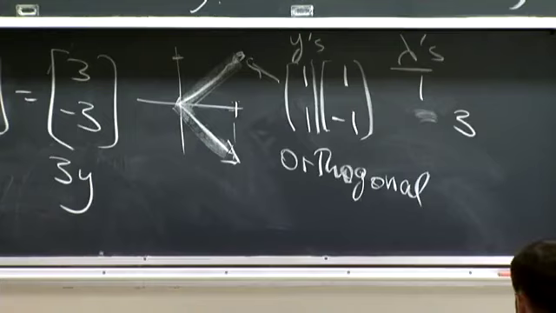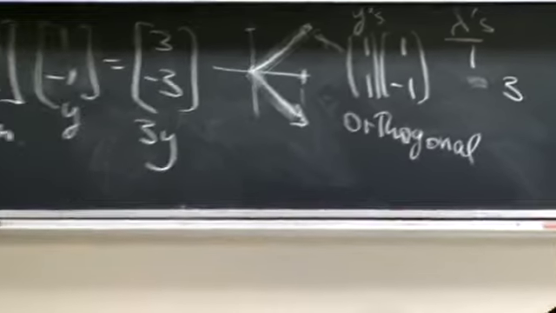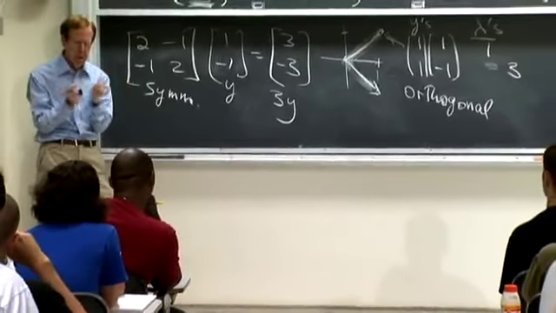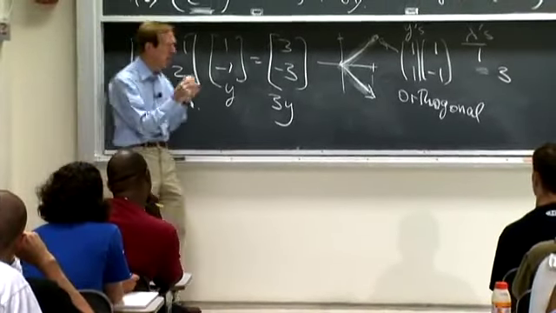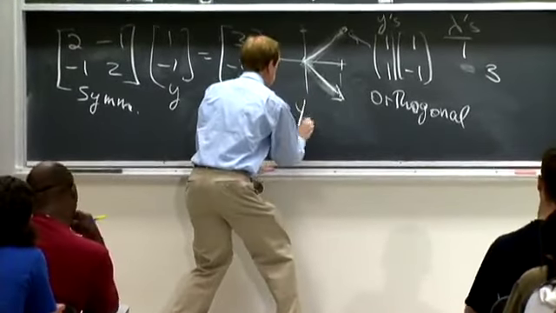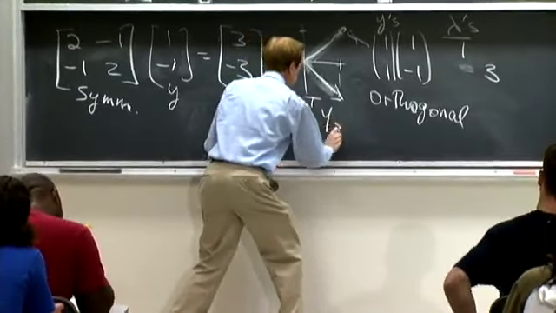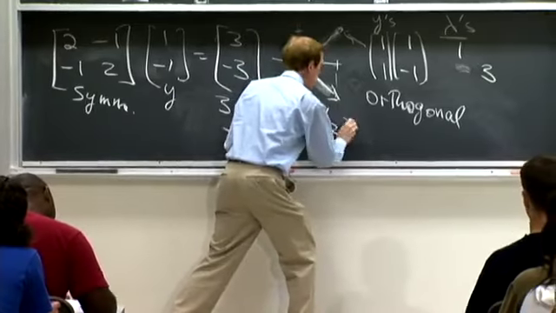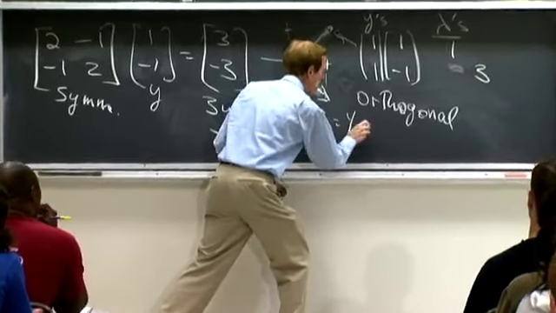But, of course, I don't draw pictures all the time. How do I test? What's the test for two vectors being orthogonal? The dot product, the inner product. y1 transpose y2. Or do you prefer to write it as y1 dot y2?